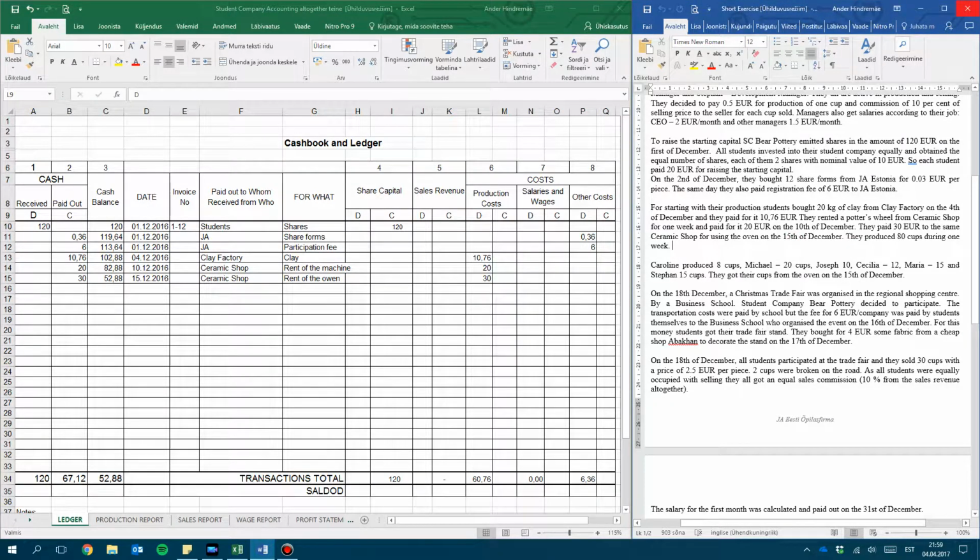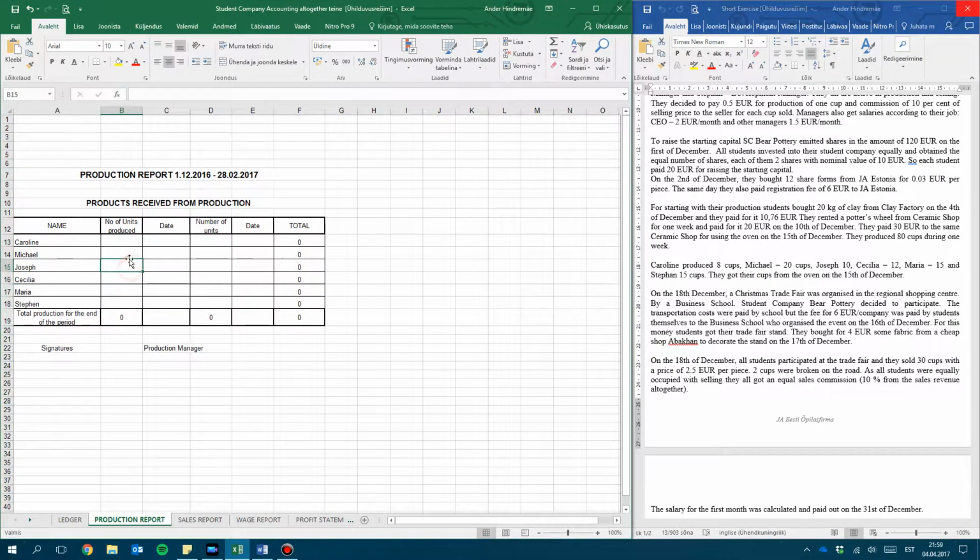Now, they produced 80 cups during 1 week. It says Caroline produced 8 cups, Michael 20, Joseph 10, Cecilia 12, Maria 15, and Stephen 15. They got their cups from the oven on 15th of December. So for the first time, we can now open the production report. As you can see, it's a really simple one.